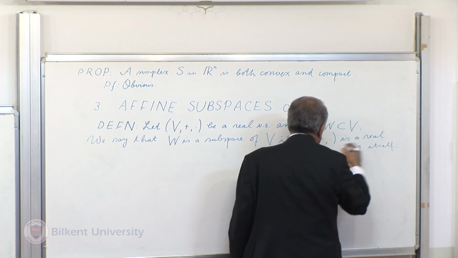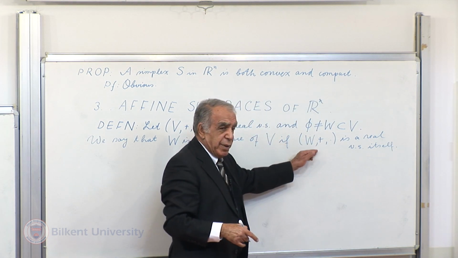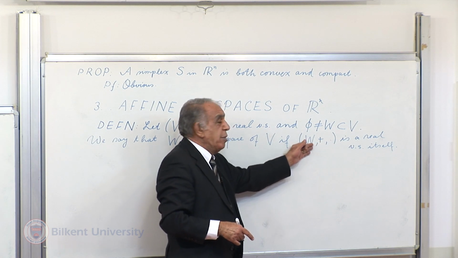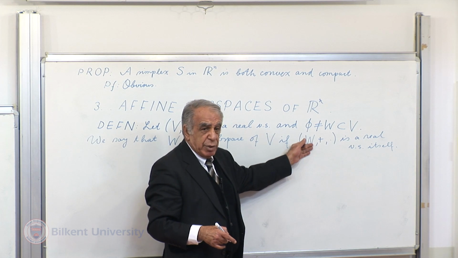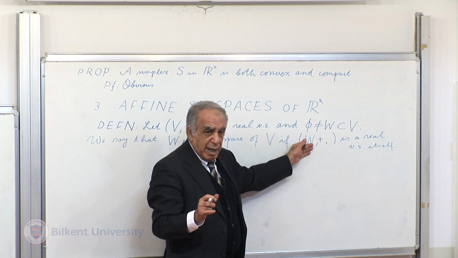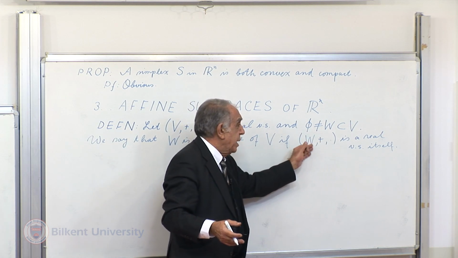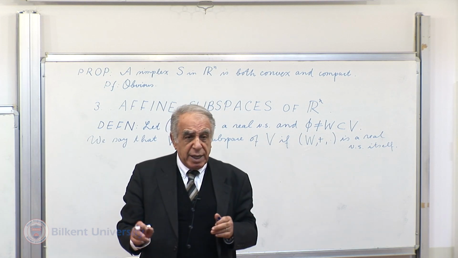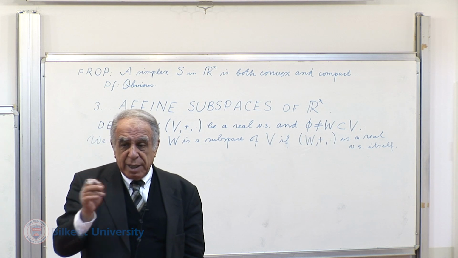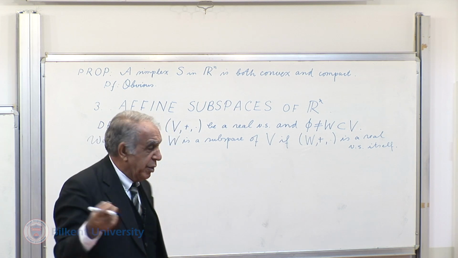But this means, I'm using the same symbols for this, plus should be a binary operation on W. That is, if I take 2 points x, y in W, x plus y should be there. There also should be a scalar multiplication for W. That is, if I take any real number r and any x in W, rx should be in W.